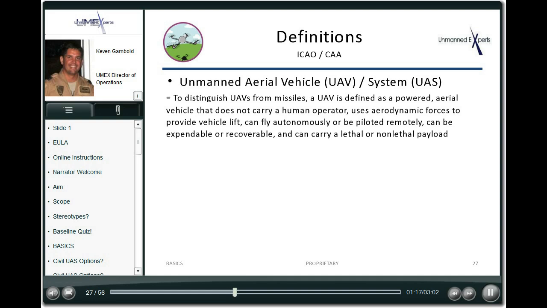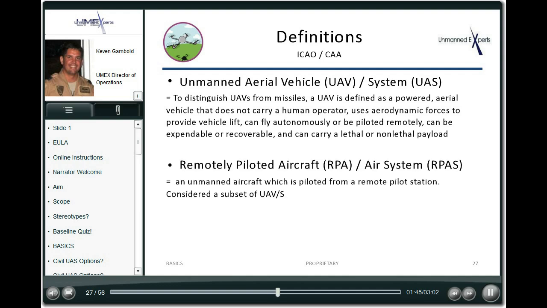It obviously doesn't have a pilot. It uses aerodynamic forces, which stops it being a balloon in many respects, and they can fly autonomously or be remotely piloted. And that's important for later definitions. Interestingly enough, though, it can be expendable or recoverable, and its payload could be lethal. But that expendable piece means maybe it doesn't come back. And then we'll see how that actually confuses the issue.